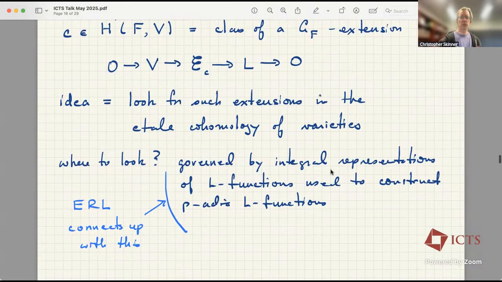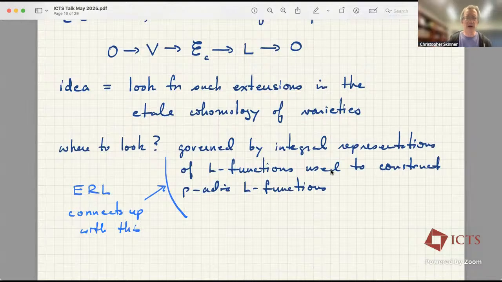And then the question is which varieties to look into. Well, in the situations that we're most interested in, the Galois representation V arises from the cohomology of some variety, say an elliptic curve. So V could be the Tate module of the elliptic curve. And then where might you find extensions? Well, one place you could look is to start removing points from your elliptic curve and look at the open variety, which is supposed to have some kind of mixed Hodge structure.